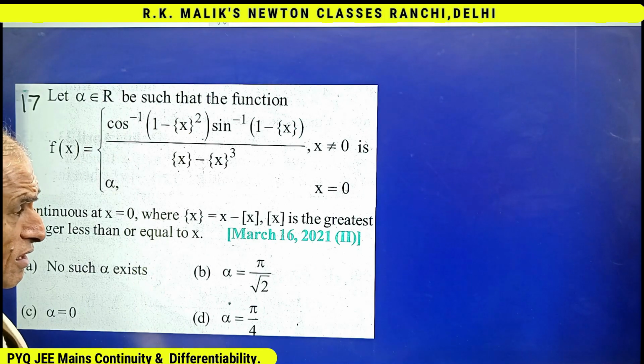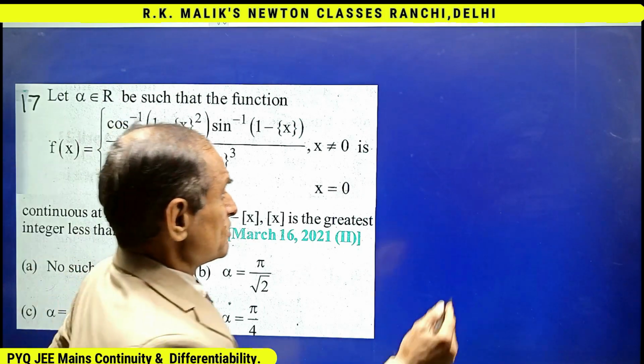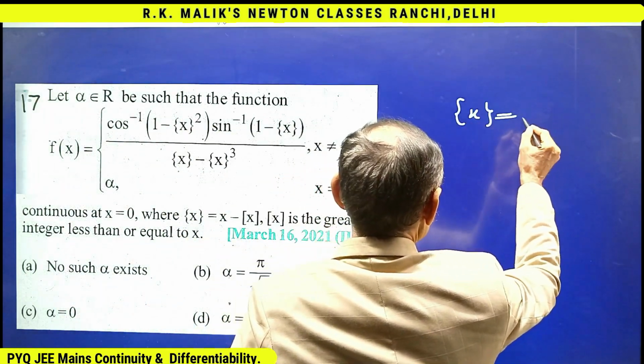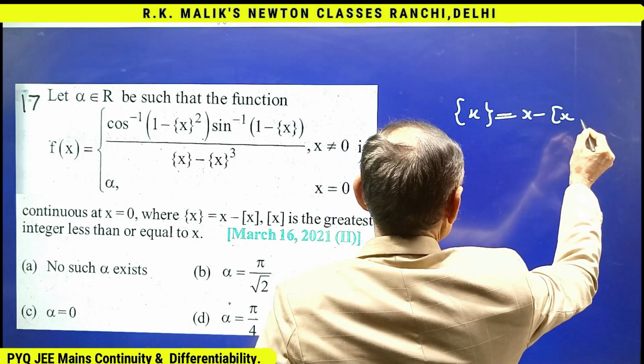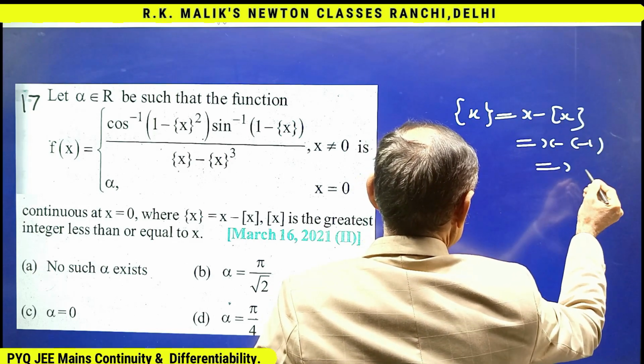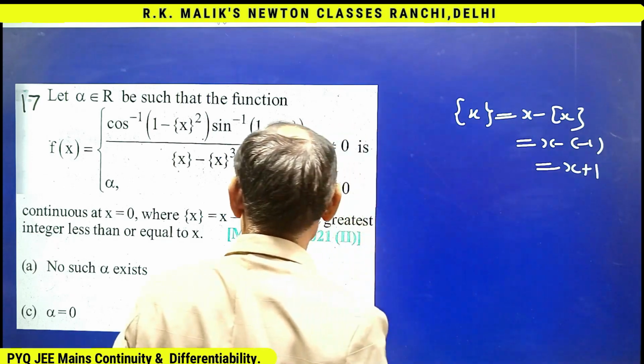And now I will find left hand limit, and left hand limit means x is tending to 0 from negative side, that is in this case fractional part of x, which is x minus box x, will become x minus (minus 1), that is x plus 1.